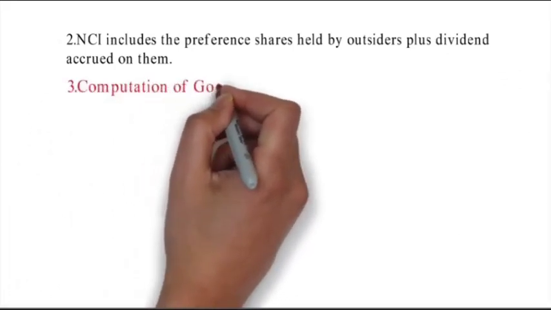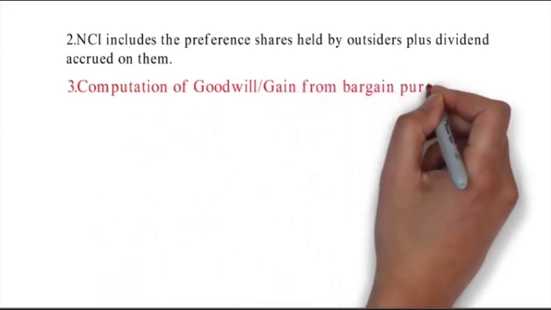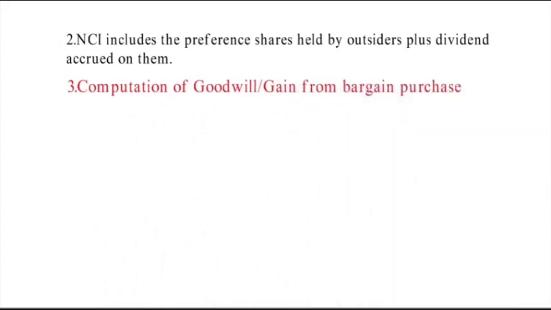Thirdly, the format of computation of goodwill or gain from bargain purchase. In case of computation of goodwill or gain from bargain purchase, from purchase consideration, we have to deduct paid up value of shares acquired by holding company in the subsidiary company and share in pre-acquisition profit.